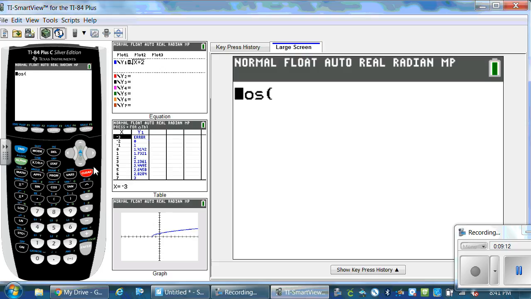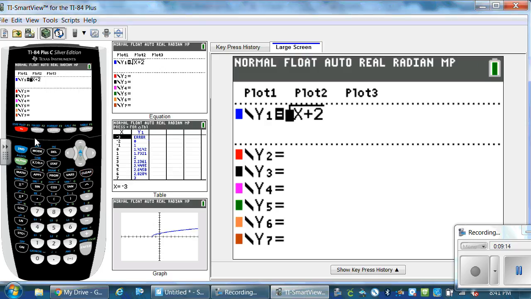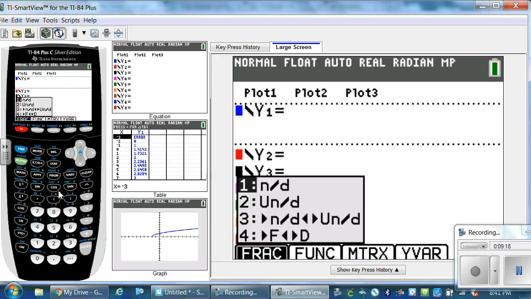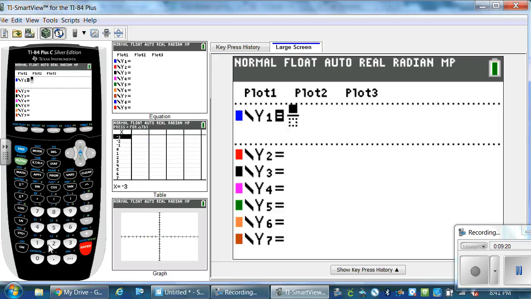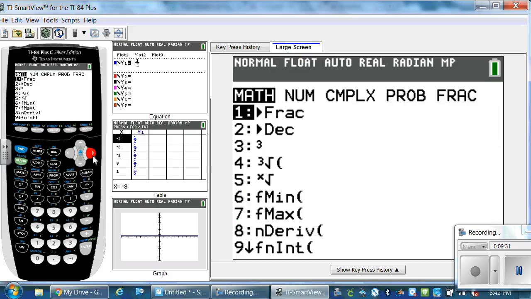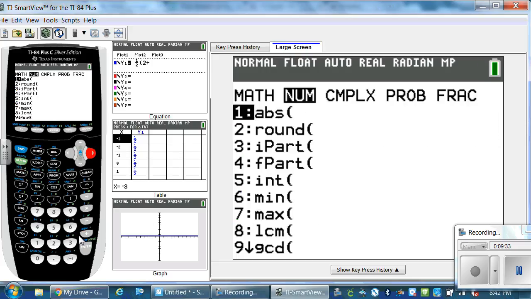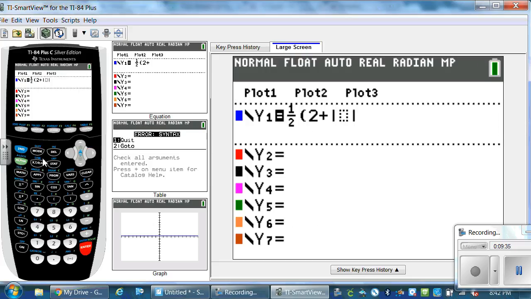1/2. Whoops, y equals. Clear this out. 1/2 times parentheses 2 plus the absolute value. You push math and you go over to the number, absolute value of x.